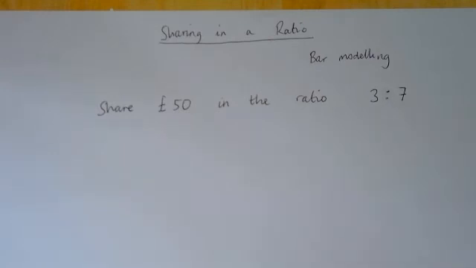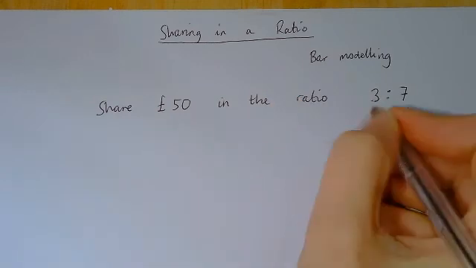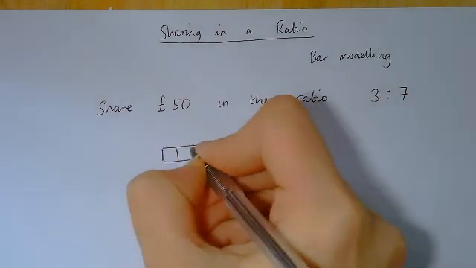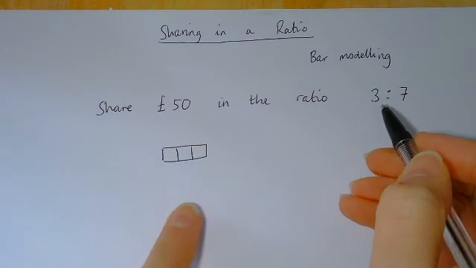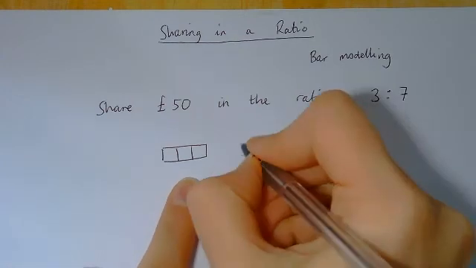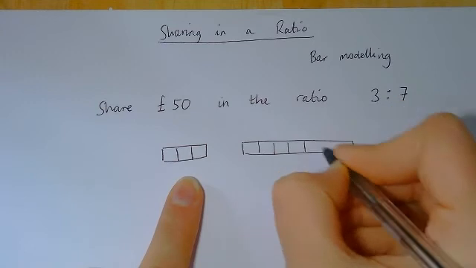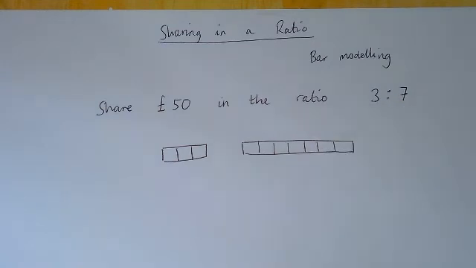But what we're going to be using is this thing called bar modelling. So for every ratio question like this, we're going to start by drawing our picture. So we're going to draw 3 bars to represent this number, and we're going to draw 7 bars to represent the other one.